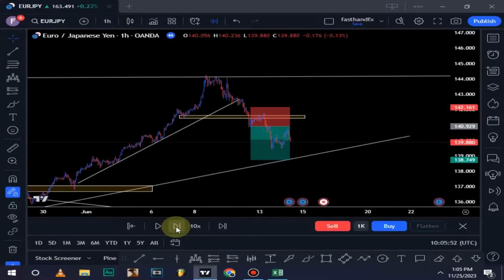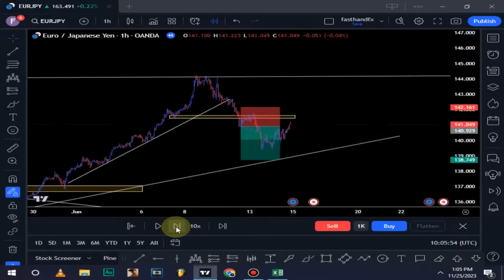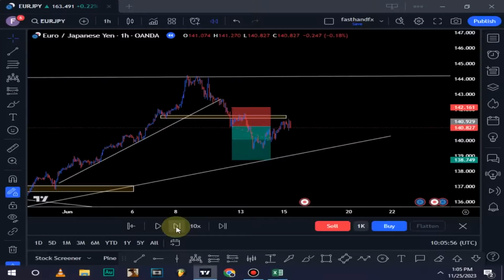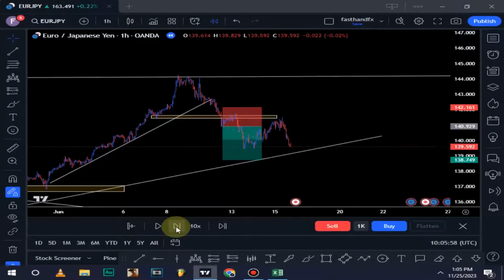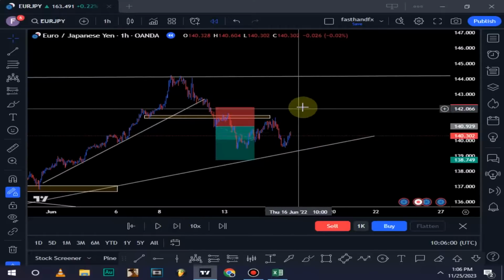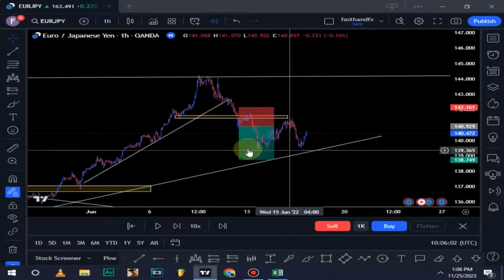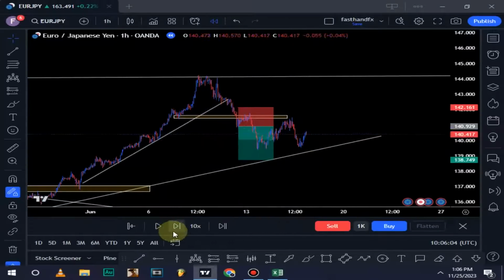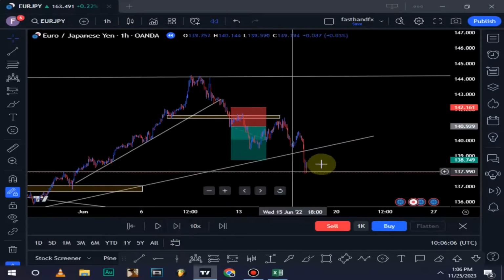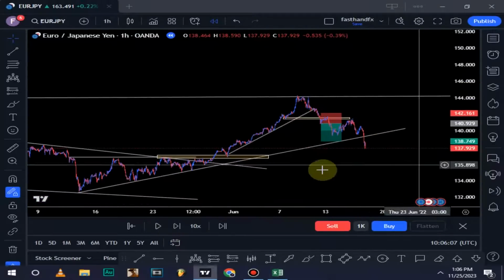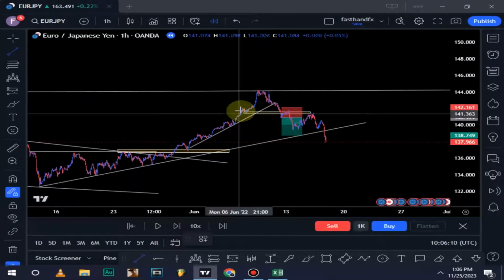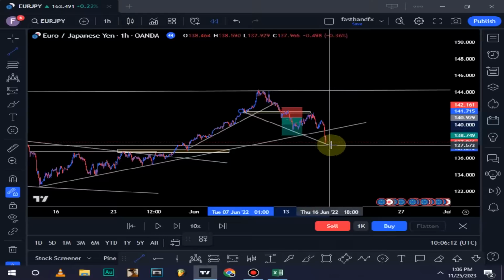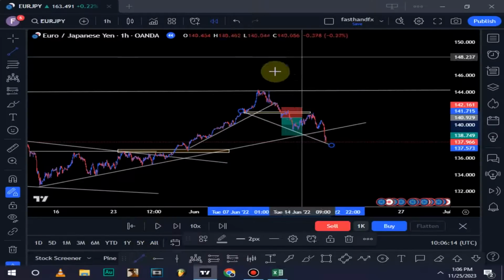This newbie got away, right? Okay, did I get away? Oh, all right, so the newbie somehow got away, but I was expecting that pullback, which is okay. All right, let's see. Boom. So the newbie hit take profit and I missed my entry. Okay, the professional ones missed their entry, but there's no problem.